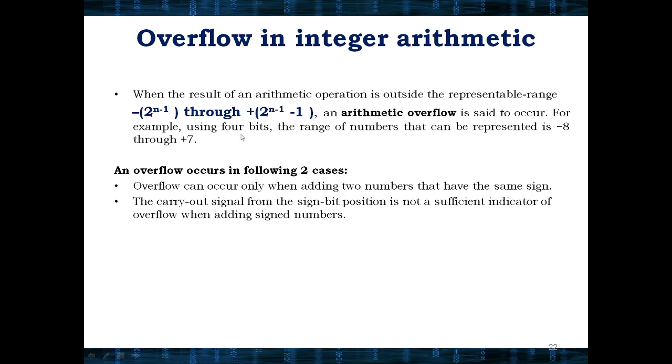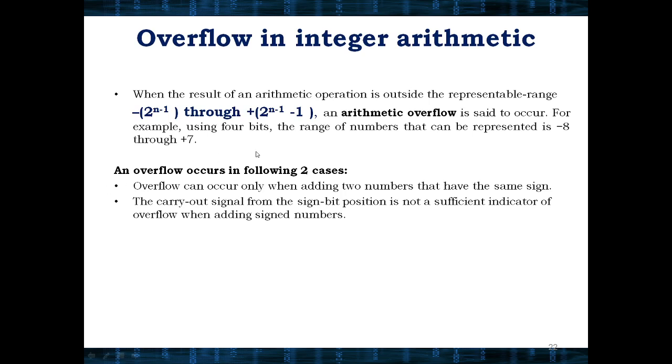For example, using 4 bits, the range of numbers that can be represented is minus 8 through plus 7. That means when we add a 4-bit number to a 4-bit number, the result should be in the range of minus 8 to plus 7. If the result value is out of this range, then we call that condition arithmetic overflow.